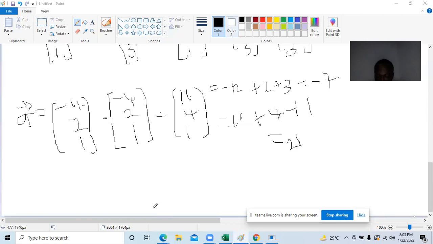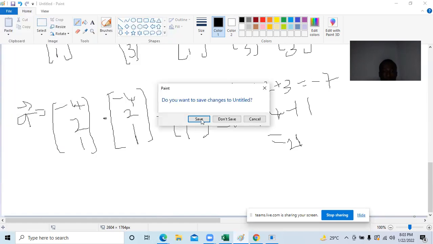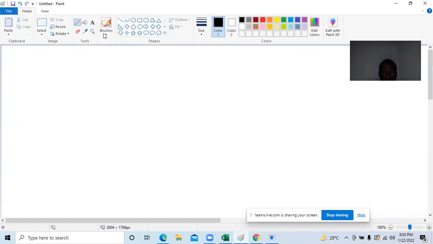The next is going to be cross product, which is a little more complex. So let me start all over again. Now we're looking at vector cross product.